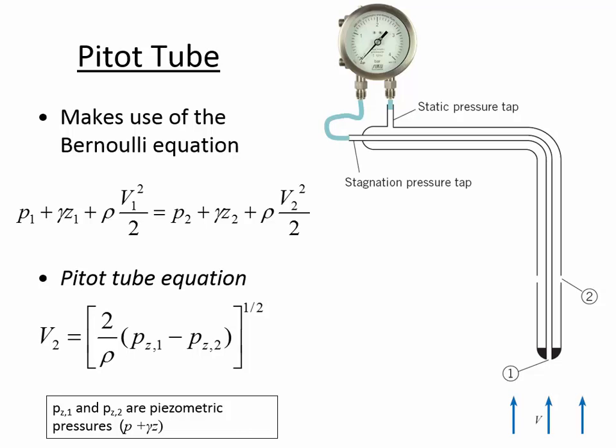And so if we keep track of both things simultaneously, P1 plus gamma Z1 is equal to P2 plus gamma Z2. In other words, the piezometric pressure doesn't change because as we go down through the fluid, we're losing Z, but we're increasing pressure.